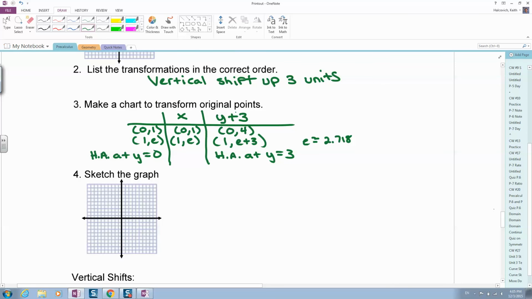So when you sketch the graph, you need to put your horizontal asymptote at y equals 3. Then your first point is at 0, 4, and then at 1, 5.7, so it's like that. And then when you draw your graph, your J curve has now moved up 3 units.